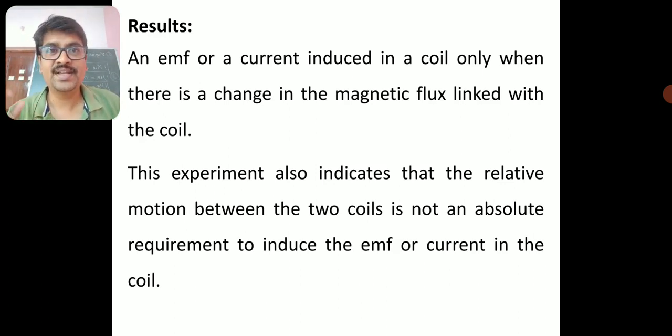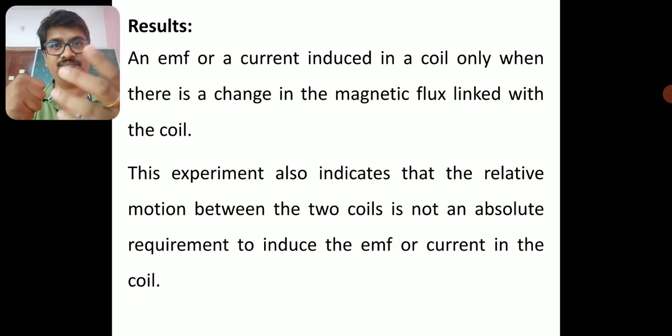How? Because here I am increasing the current and decreasing the current. I am not moving coil C2 towards coil C1. I am not making any relative motion. What I am exactly doing is just increasing and decreasing the current. Even if you increase the current, the flux which is linked with the coil C1 will change.